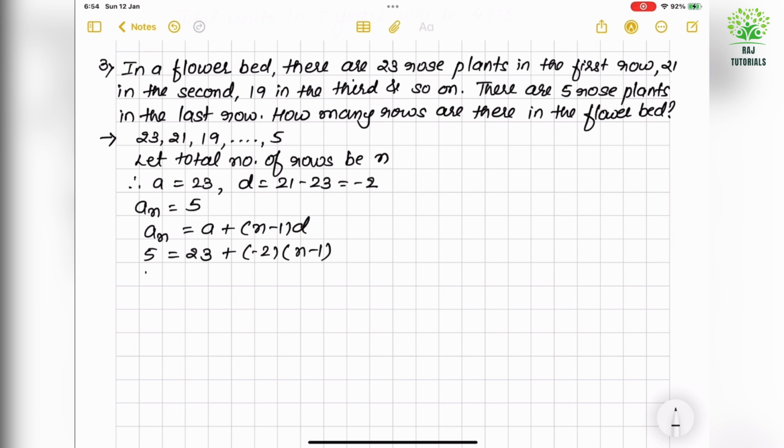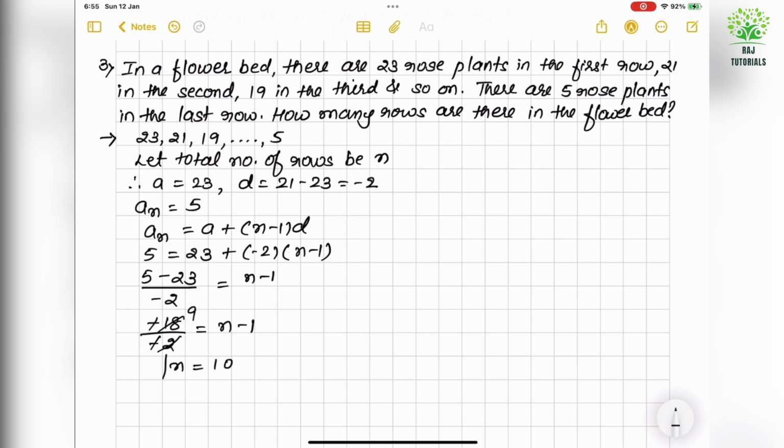So 5 minus 23, as I took 23 on that side and minus 2 I am bringing in denominator, equal to n minus 1. So I am getting minus 18 by minus 2 equal to n minus 1. So minus minus cancel, 2 nines are 18. So n equal to 10.